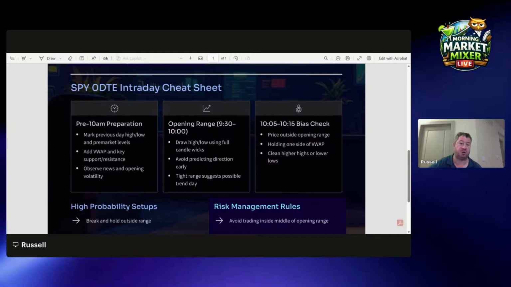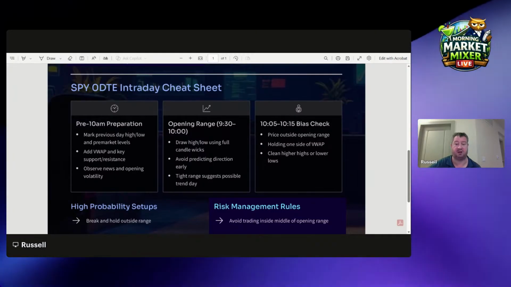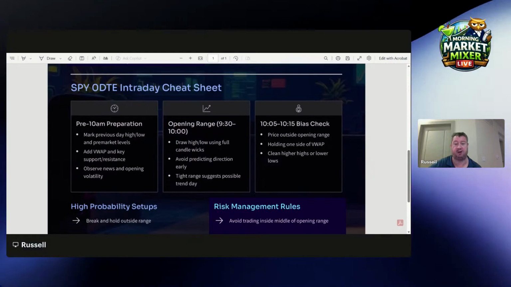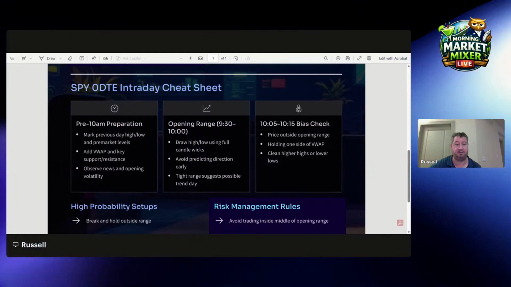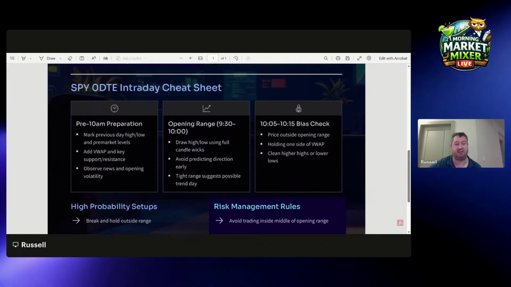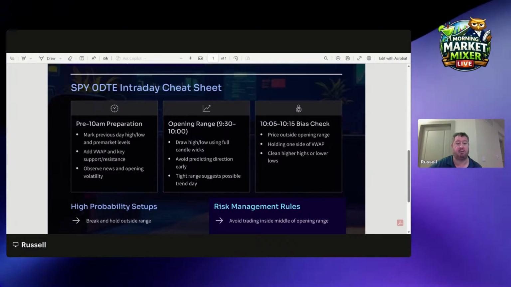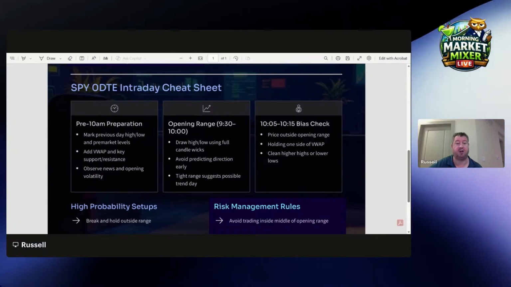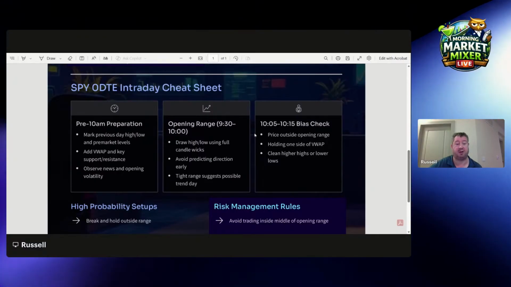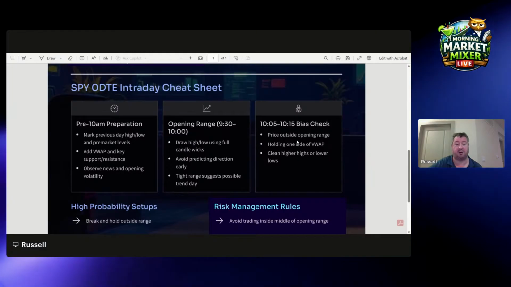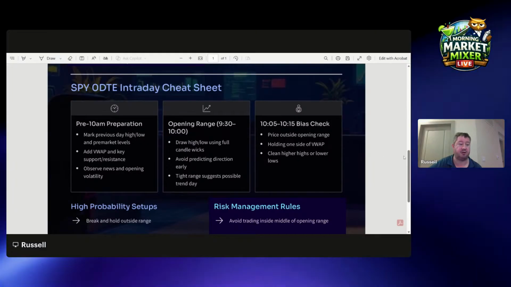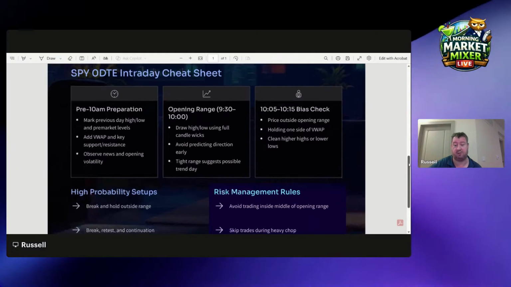The only time it doesn't work is if we're just going sideways in a nasty chop for any amount of time. And then around 10:05, 10:15, start looking for that breakout outside the opening range. Sometimes it happens right away, sometimes it can take a little bit longer to get going. And I'll look at that as we go on here.